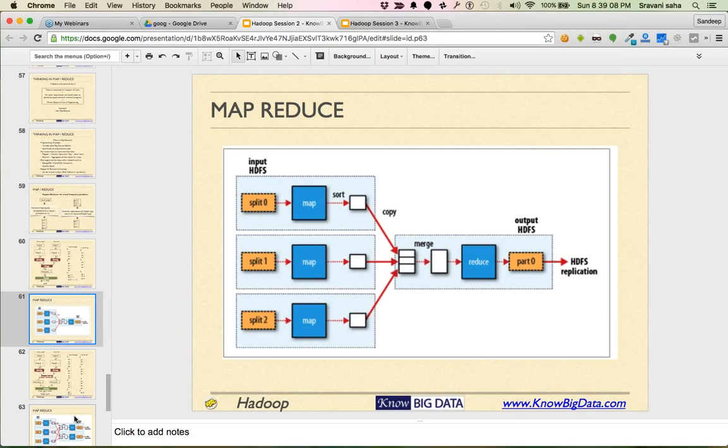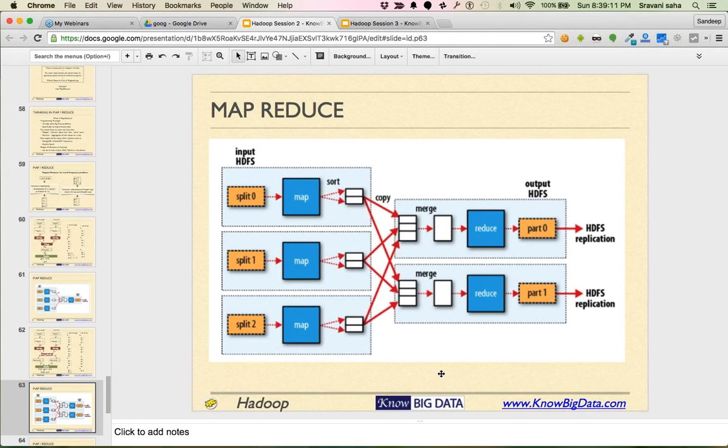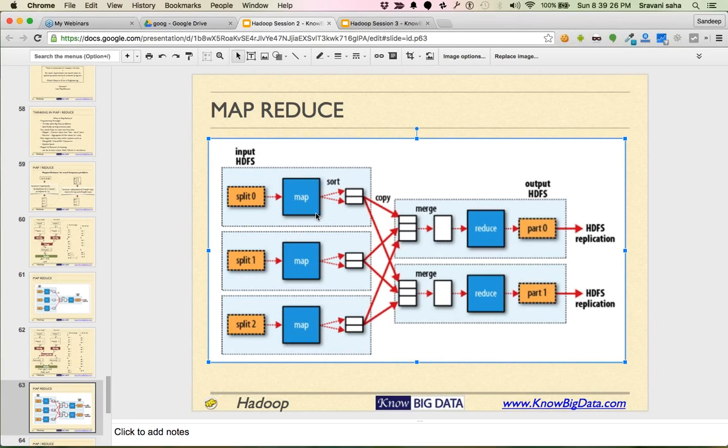In this diagram, you can see the total number of network transfers; this represents the network transfer. If you have more reduces, there will be more network transfers. If you have two reduce tasks and three mapper tasks, the total number of transfers is 3 into 2.